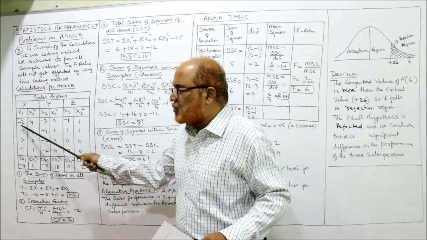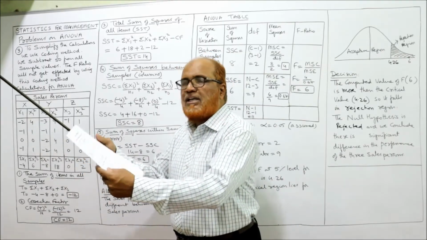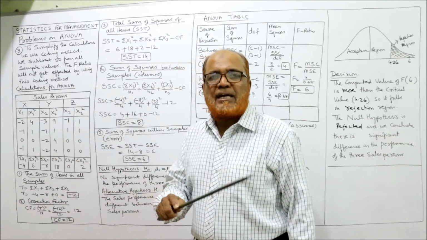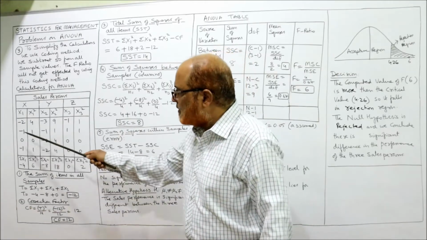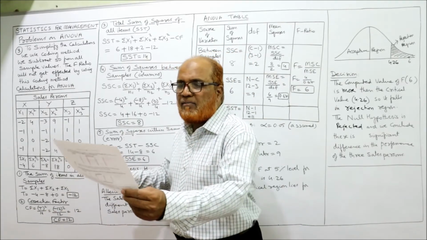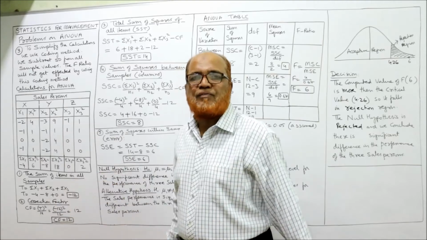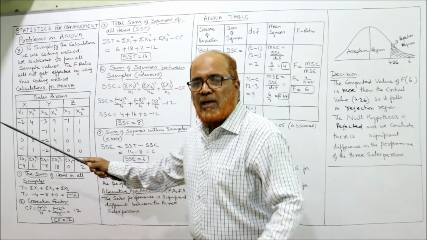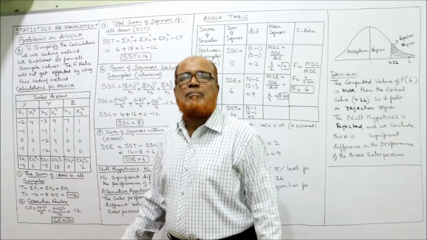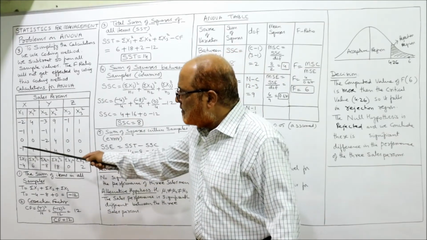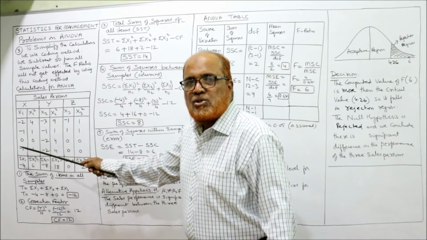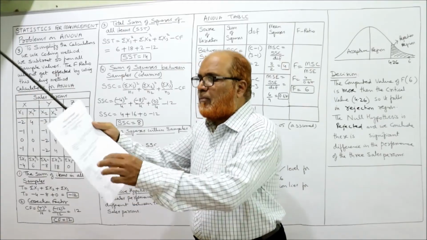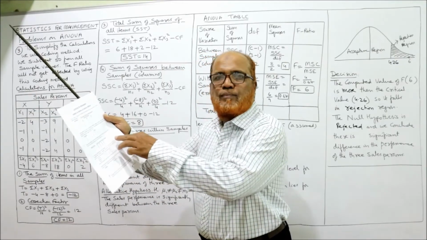Here I have taken minus 2. Second value is 49. 49 minus 50 will get minus 1. Third value is 50. 50 minus 50, 0. Last one is 49. 49 minus 50, minus 1. So I have subtracted 50 from all the X values.